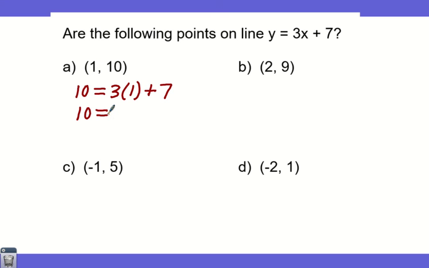Let's see if it makes sense if we plug in 1 for x and 10 for y. So does 10 equal 3 times 1 plus 7? Not good handwriting, or stupid board. Not all my fault. And yes, 10 does equal 10. So plugging in 1 for x and 10 for y does make the equation true. Let's try 2 comma 9. Let's see if we plug in the 2 for x and the 9 for y.